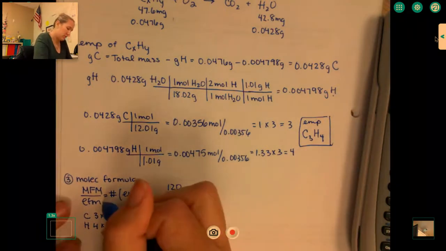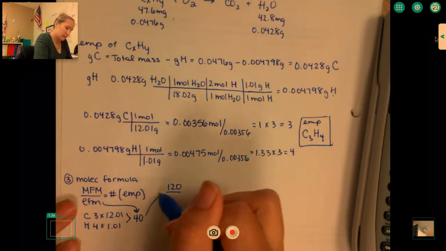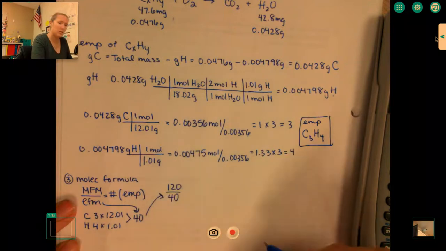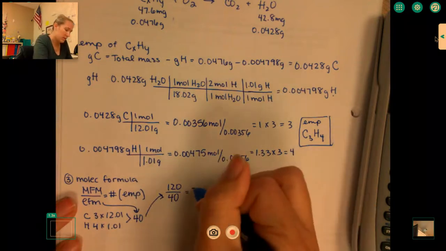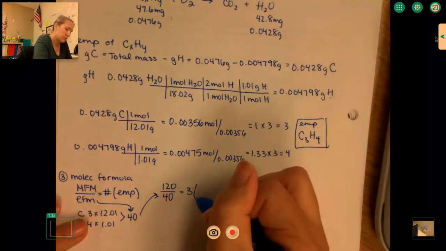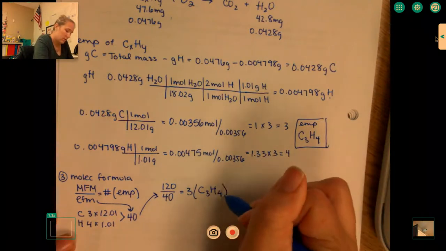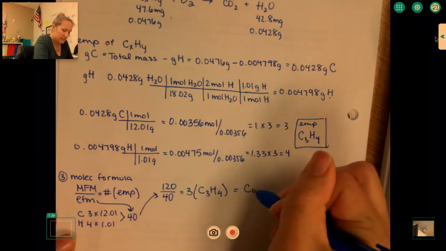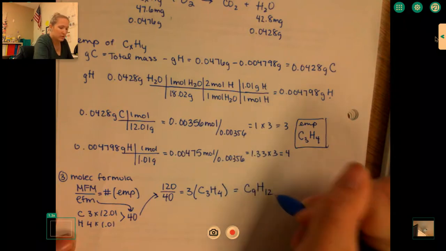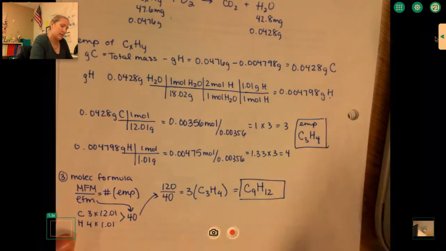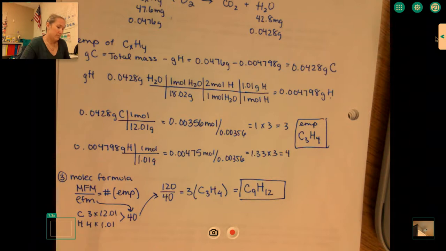So that's my empirical formula mass. So that's going to go here. So 120 divided by 40 is 3. So 3 times my empirical formula, C3H4, gives me C9H12. And that is my molecular formula.